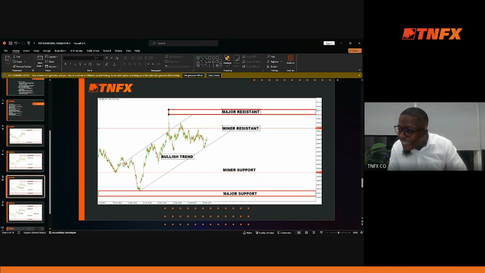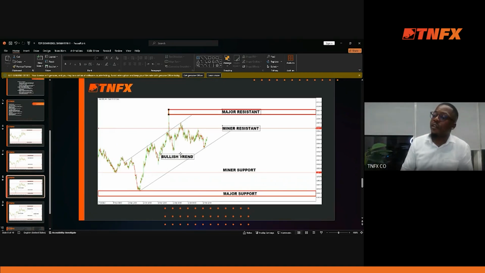You need to have three valid touches on your trend line, to show that the market has touched that price three times. When you have a trend line confirmation, it's three valid touches in simple terms. If you have three valid touches, one, two, three, this is a trend line. You can't draw a trend line when you don't have three valid touches.